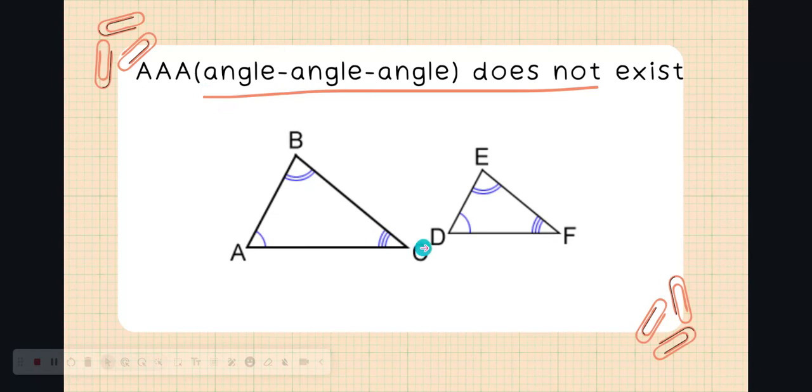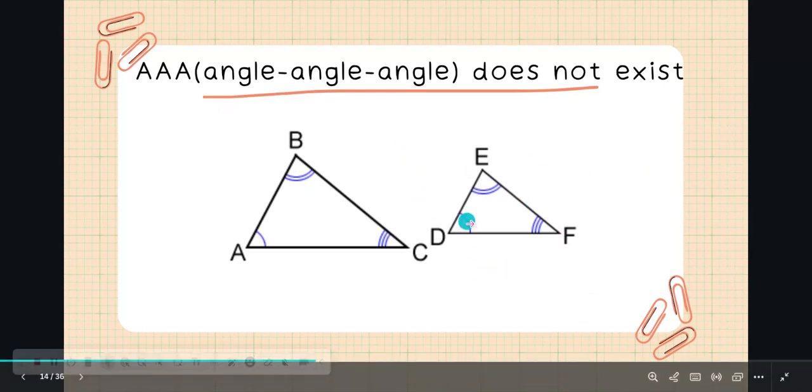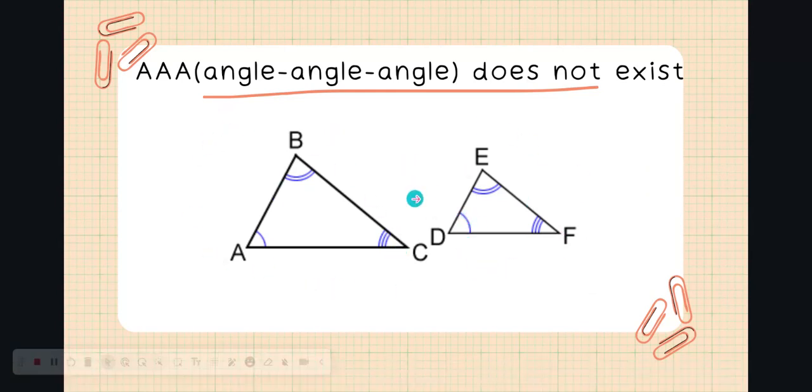Why? As you can see in this example, this triangle is much smaller than this triangle, but the angles are still congruent. A triangle can have congruent angles but be different sizes, meaning that it's not congruent because the line segments are not the same size, but it is similar.